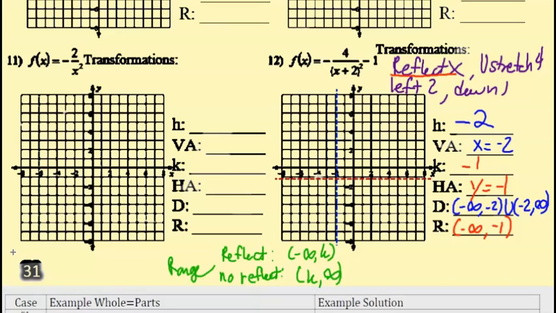Since it reflected, it's now going to be in quadrants 3 and 4. Complete the rest of these graphs and then move on to the next section.